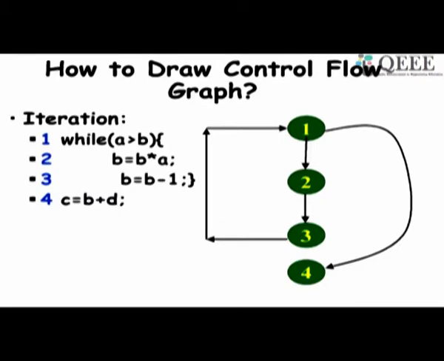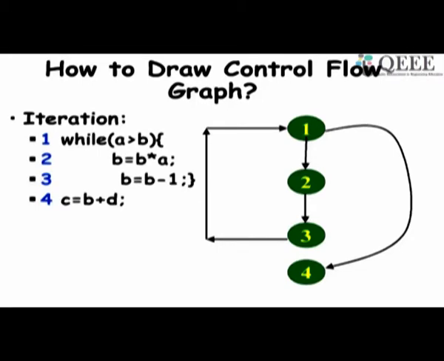Again we number this 1, 2, 3, 4, and from 1 it can come to 2 if it is true, 2 to 3 sequence, and then from 3 it needs to go to 1 to check whether the condition is true or false.